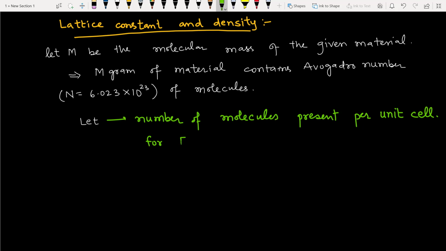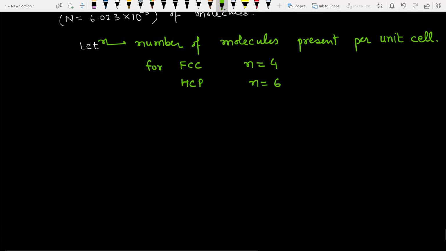For FCC structure small n is 4, and for HCP structures small n is 6. This we have studied in detail in one of our previous lectures.